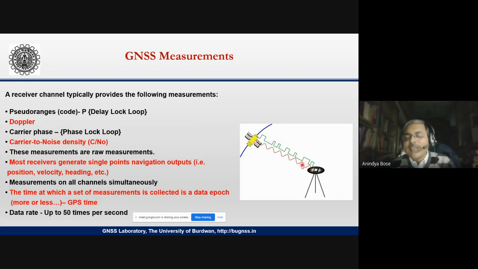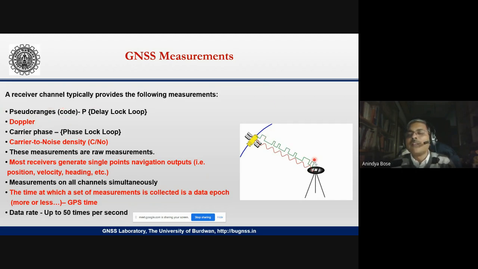That's why they are embedded on a carrier frequency. The carrier frequency for most GNSS systems lies in the L band, between 1 to 2 gigahertz. We call them by different names: L1, L2, L5, etc. In the case of NavIC, along with L, there is the S band, which falls between 2 to 4 gigahertz. They measure pseudo-ranges through code.